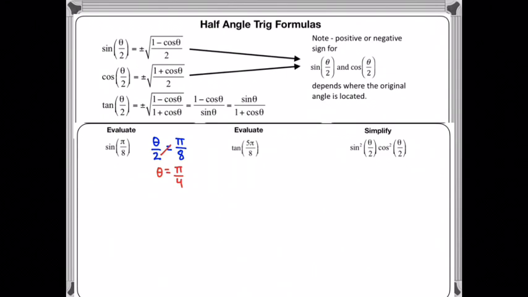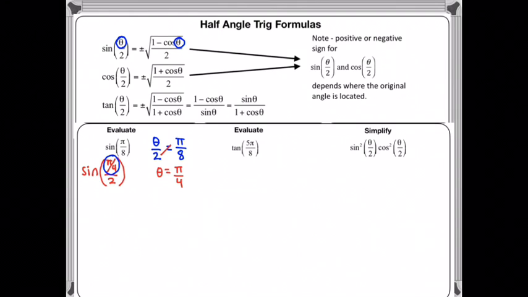That's pretty interesting. So the way that we want to rewrite this is the sine of pi over 4 divided by 2. The reason we want that is because theta is then defined up top, so we can just insert theta into the formula and knock it out.